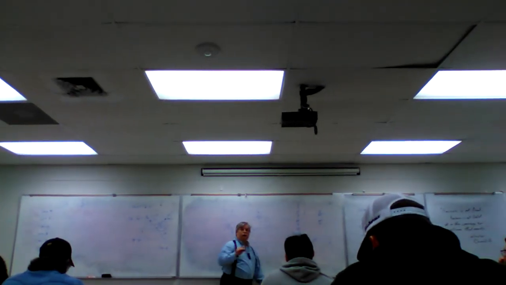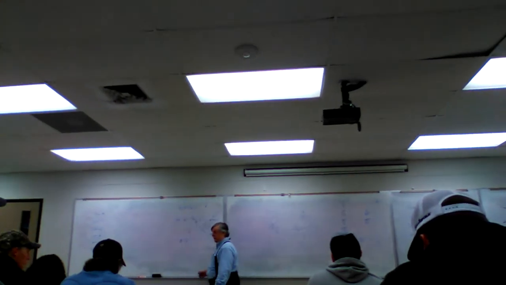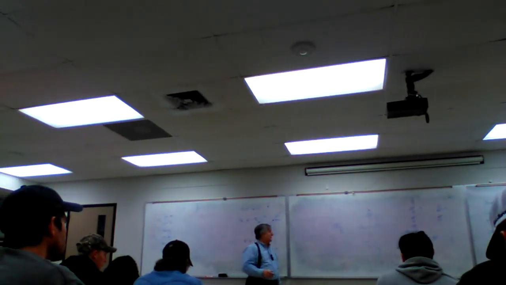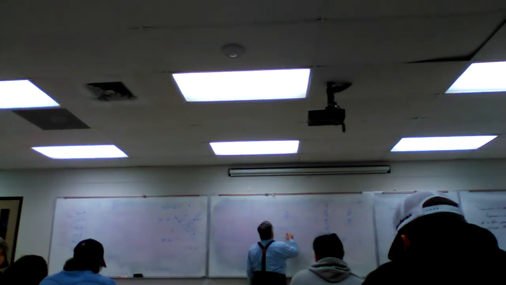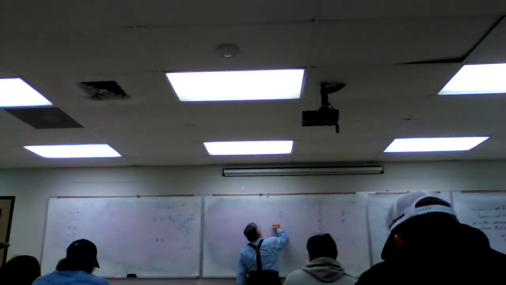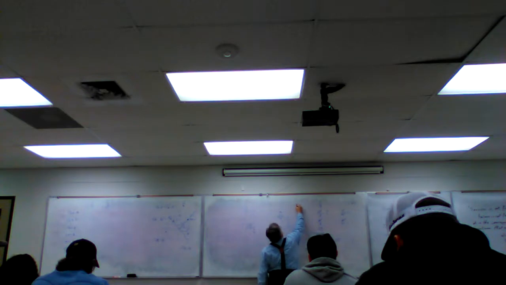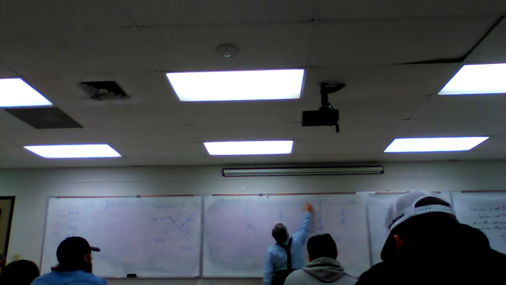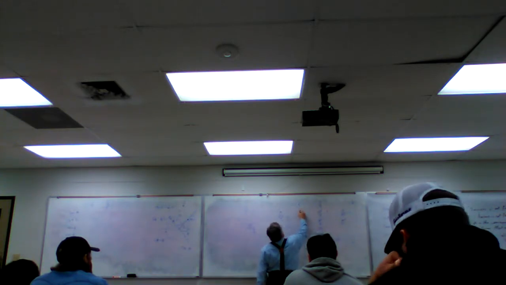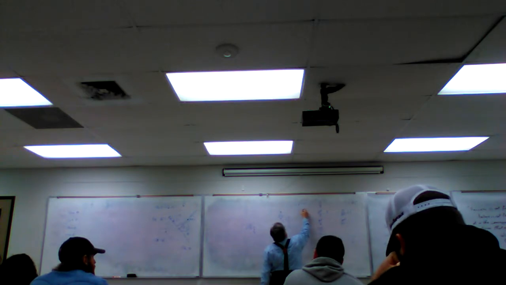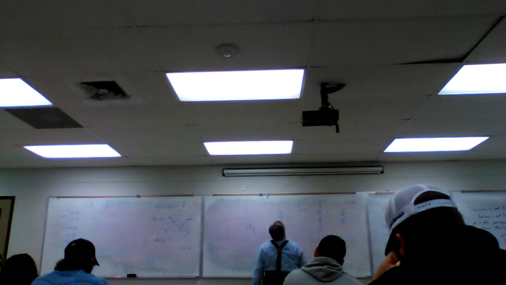You people are going to learn to love Pythagoras by the end of this class. By the Pythagorean theorem, we know that a squared plus b squared equals 1. And a squared is 1/4, so 1/4 plus b squared equals 1.